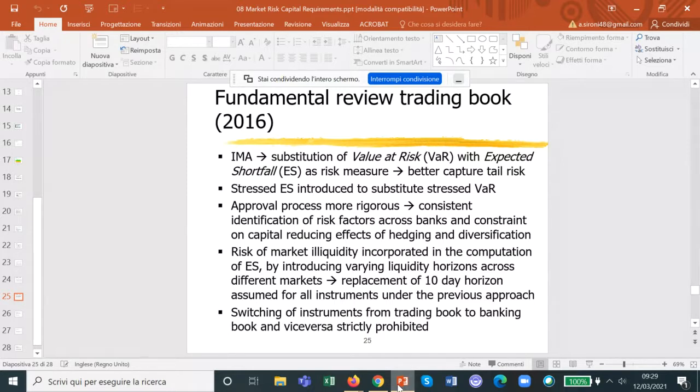Okay. Now, to give you an idea, all these changes have made the capital requirements, first of all, much more significant. And when people say, for example, with Basel III and so on, commercial banks are being penalized, this is not really true. I mean, investment banks, who are the ones most active in trading, have been significantly penalized.